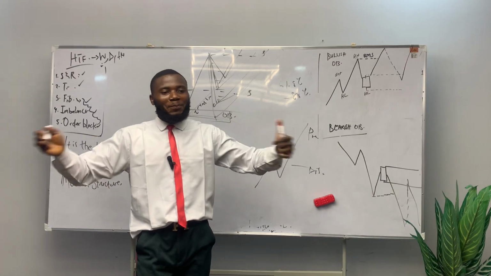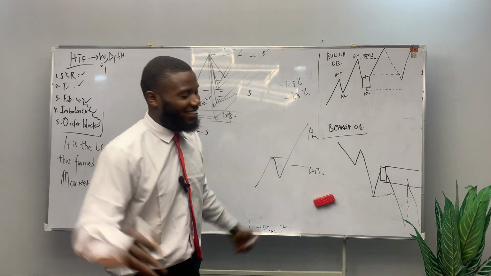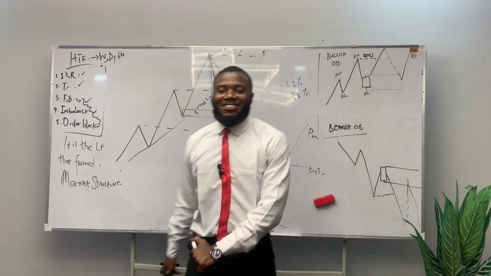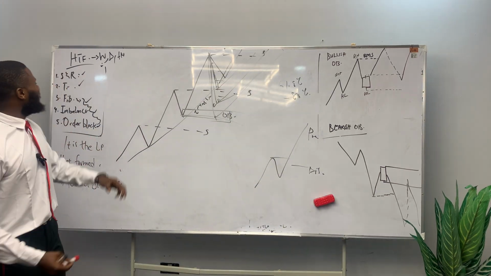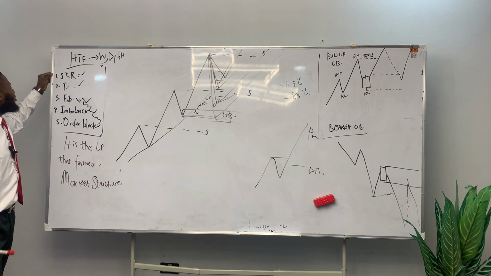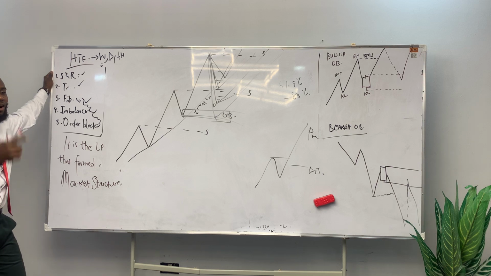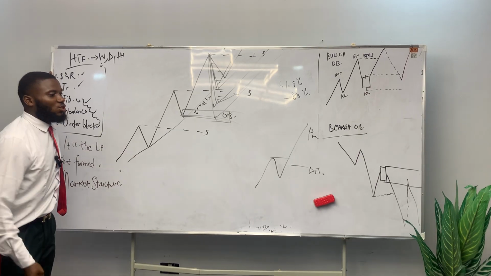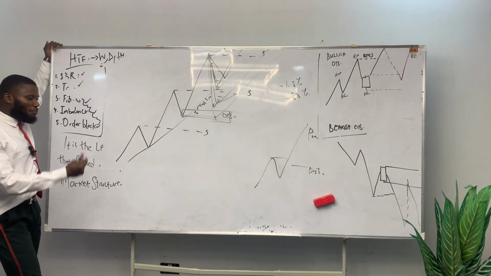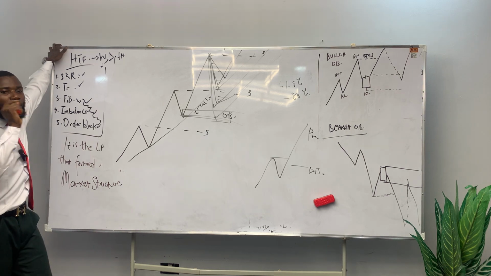Buy our Lambo, build houses. You understand what I'm saying? So these are the 5 trading strategies we can use to get the beginning of an impulsive move.